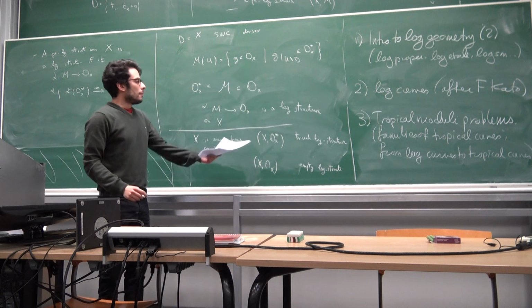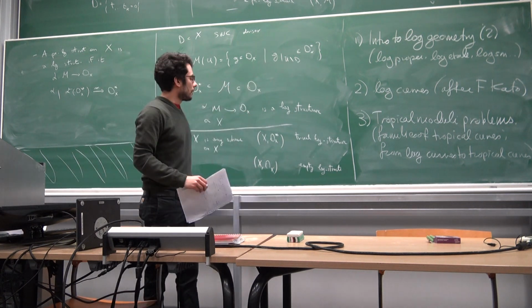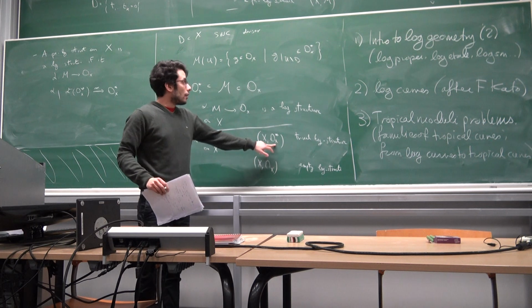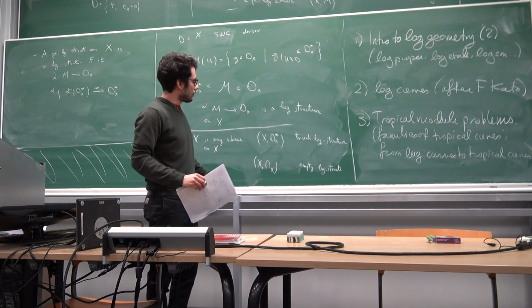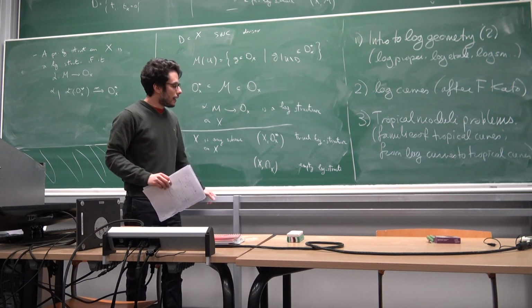And respectively, by the definition of a morphism of log structures, one can see that this is the initial object in the category of log structures over X, and this is the final object.